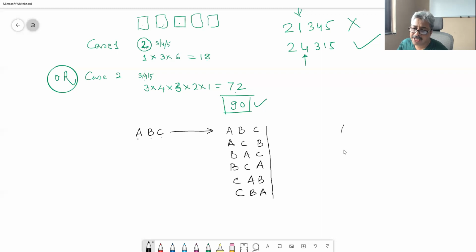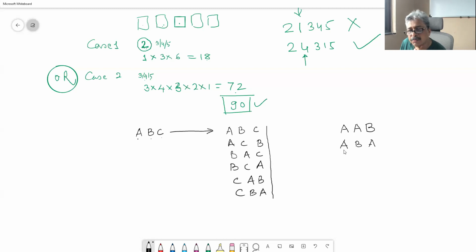But suppose I have A, A, and B. They are twin brothers or twin sisters and they look exactly the same. Only their names are different. How many distinct photographs can we have? Oh, then it is a little difficult. AAB is one photograph.